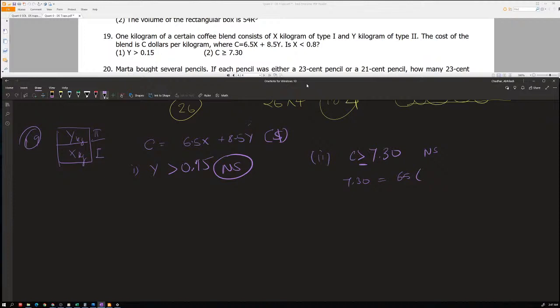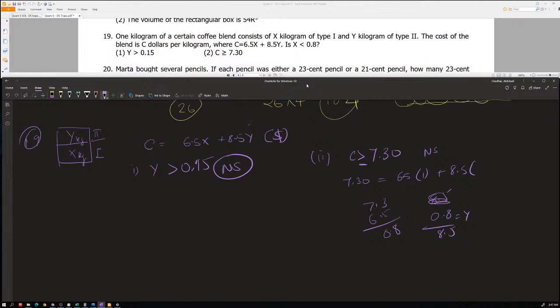So let this be one, and then I will take 8.5, and this will become 6.5, so 7.3 minus 6.5 will become 0.8, right? So I also get 0.8 upon 8.5.